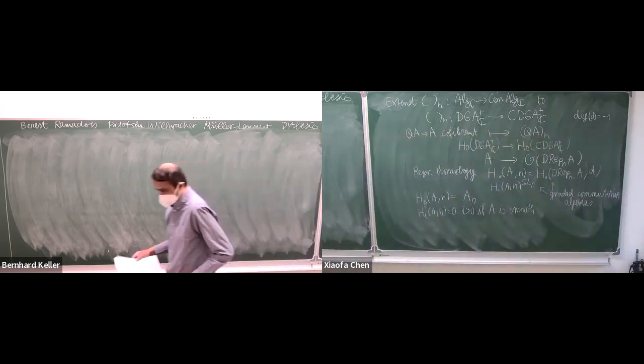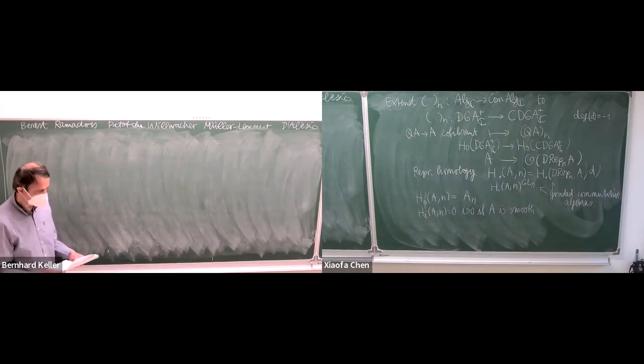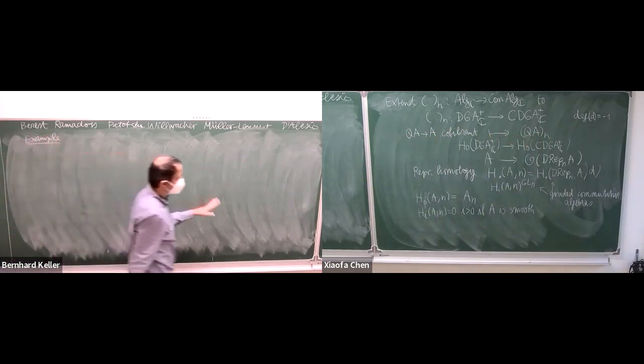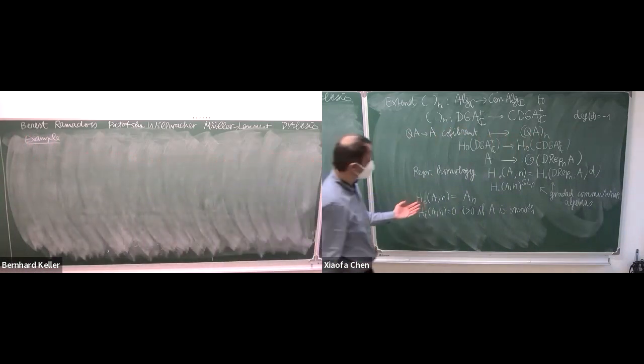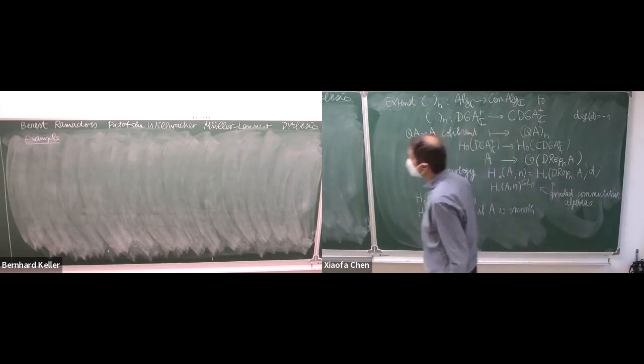Okay, so maybe I should check my time. Okay, very good. Right, so example. This will be example 3. Examples 1 and 2 are given as an exercise. There nothing will happen, it's just A^N.